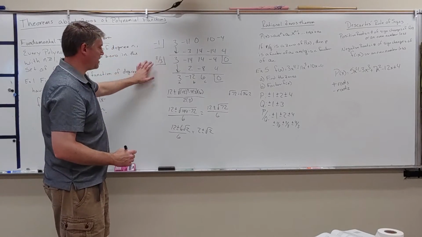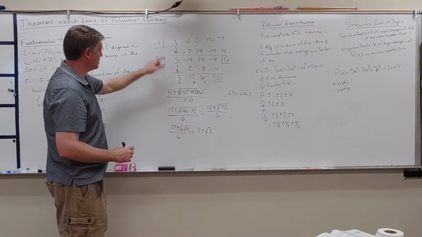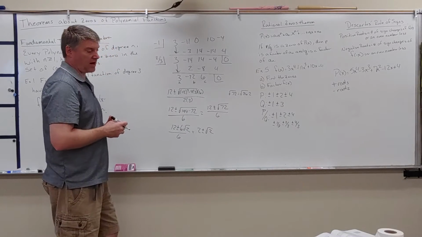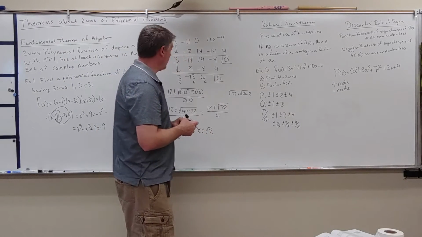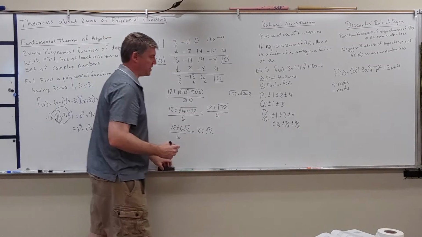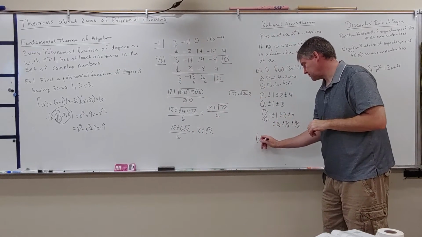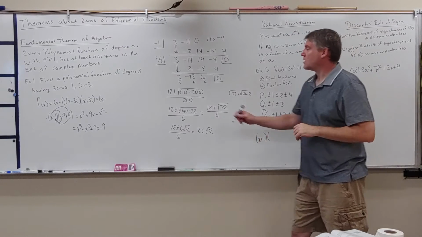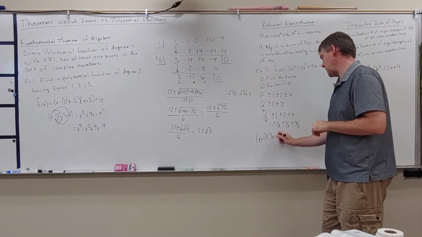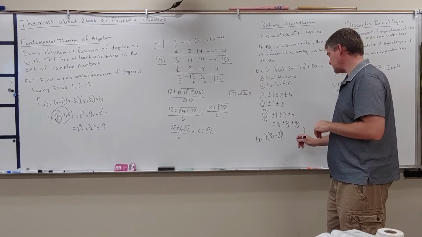So there's my zeros, right? So I found the zeros. Here's my zeros. I have this piece. Now I can factor this out. So when I have here, this 2/3 is going to be, let me get some space here. So I already know that one. That's going to be x plus 1. Okay. So now this one actually breaks down into 3x minus 2. Okay. So there's my first piece there.